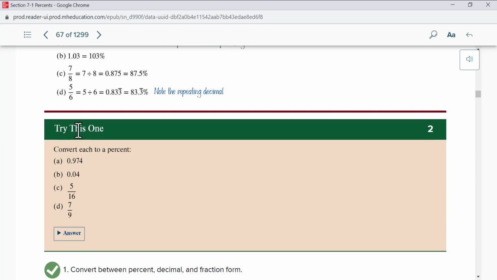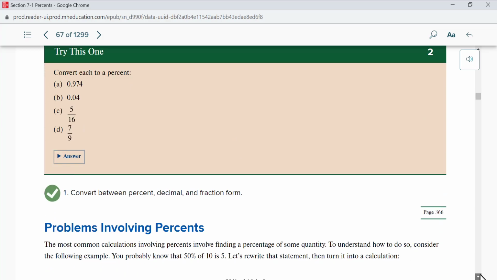Called Try This One, and you can practice those problems after you look at the example. There's the answers. You can check those as you go.